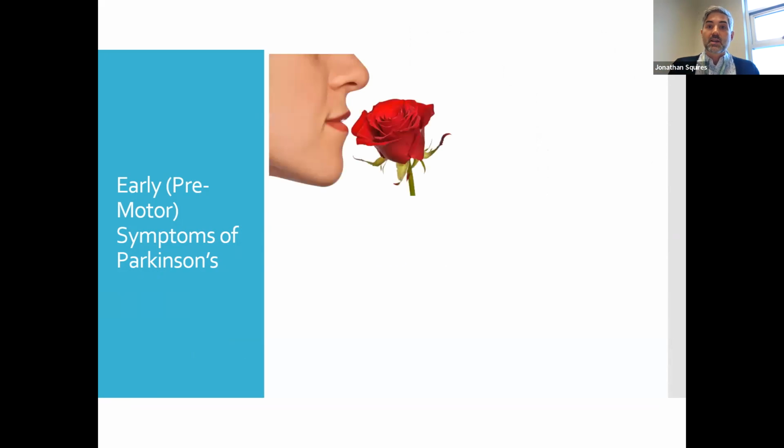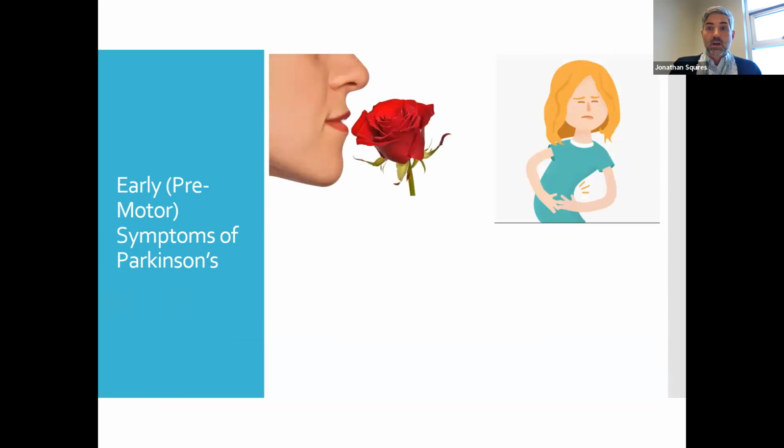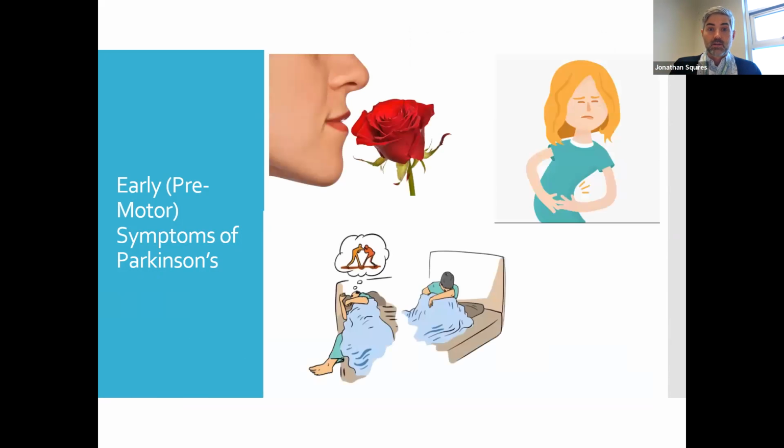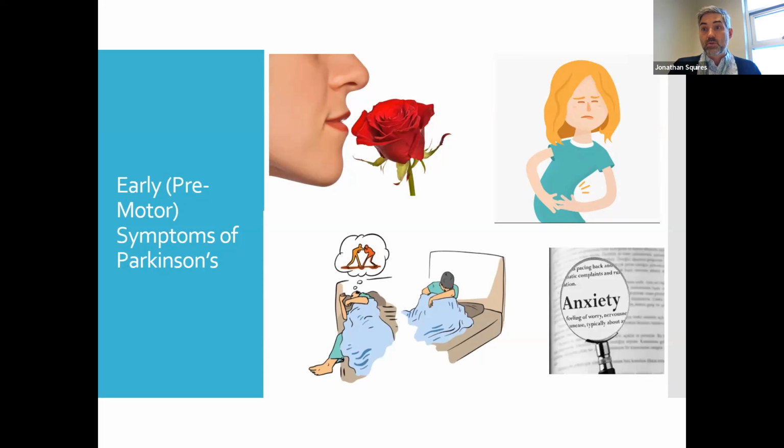And they can be things like loss of sense of smell, constipation, acting out your dreams. So a condition called REM sleep behavior disorder, where people start to scream in their sleep and kick and punch and thrash as though they're fighting with somebody while they're asleep. And new mood problems. So new or worsening depression or anxiety can be premotor symptoms of Parkinson's disease.